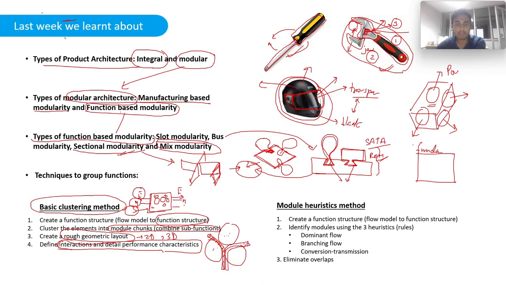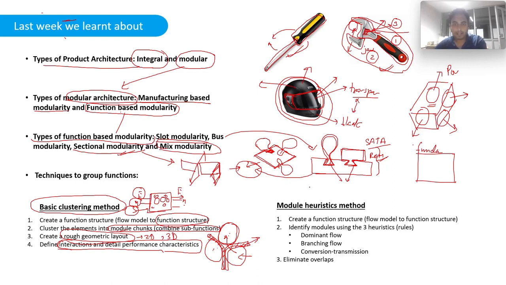Maybe there is some liquid this module is using, and if this liquid flows to this particular module, then this will spoil the device. In that case, we need to create some sort of barrier. So for all signal, material, and energy, we need to see how these modules interact using these input flows. And in case there are some sort of interferences, then we need to take appropriate measures.